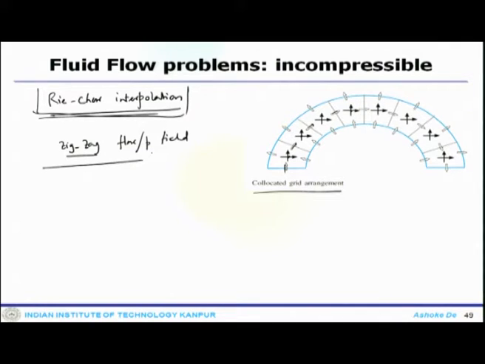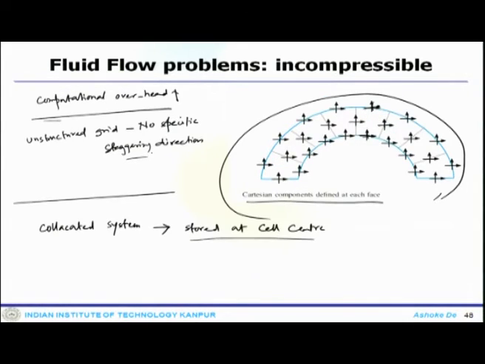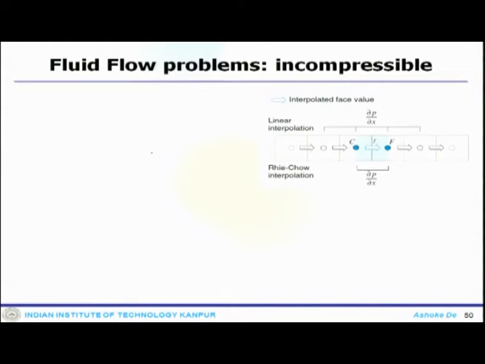One can see that this is essentially equivalent to constructing, in this arrangement, a one-dimensional case where everything is stored at the cell center, and these are the flux components, and we use this Rhie-Chow interpolation.